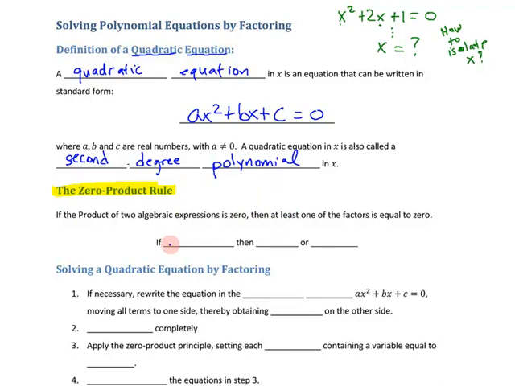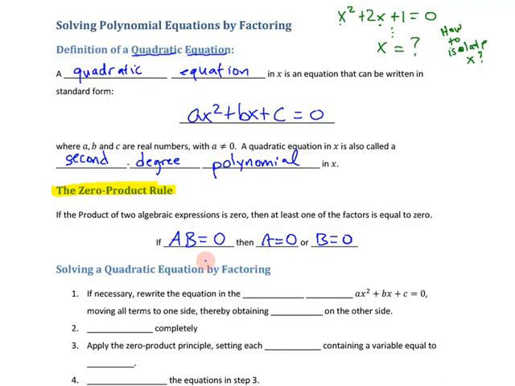That is, if I have something like a and b multiplied together, where a and b are expressions, maybe not even variables in the problem, and they multiply together to be 0, then you know one of 2 things is true: either a has to be 0 or b has to be 0. That's the only way you can multiply 2 things together and get 0, is if one or the other is 0. Now, if the right-hand side was anything other than 0, that's not true. But for 0, if the product of 2 things is 0, one of them has to be 0.